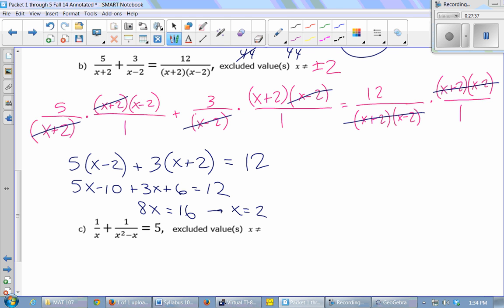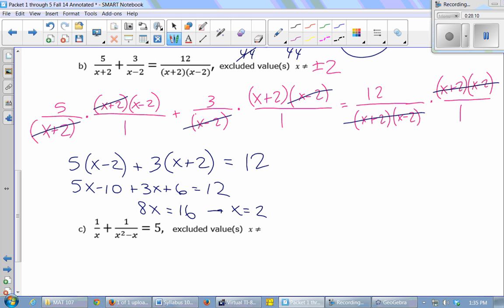Did I do this all right? Negative 10 plus 6 is negative 4, right? And then I added 4 to both sides to get the 16. So what does that mean? What do you say when there's no x value that will make this equation true?